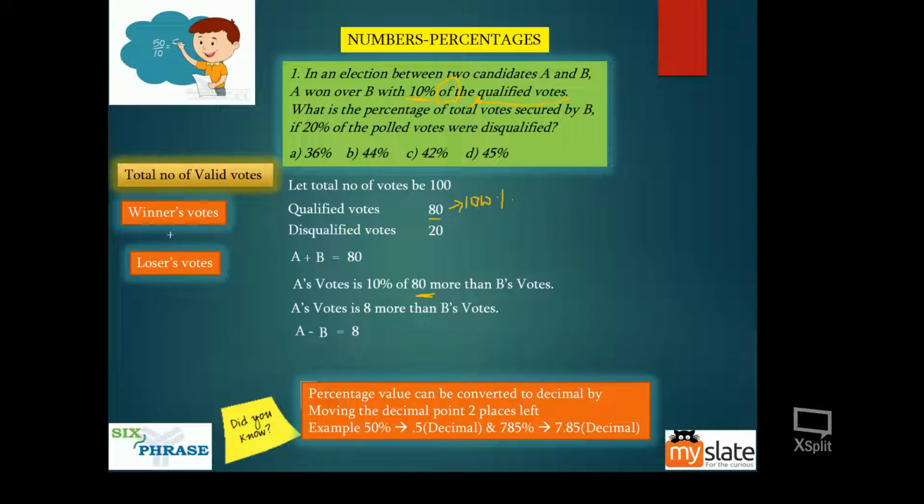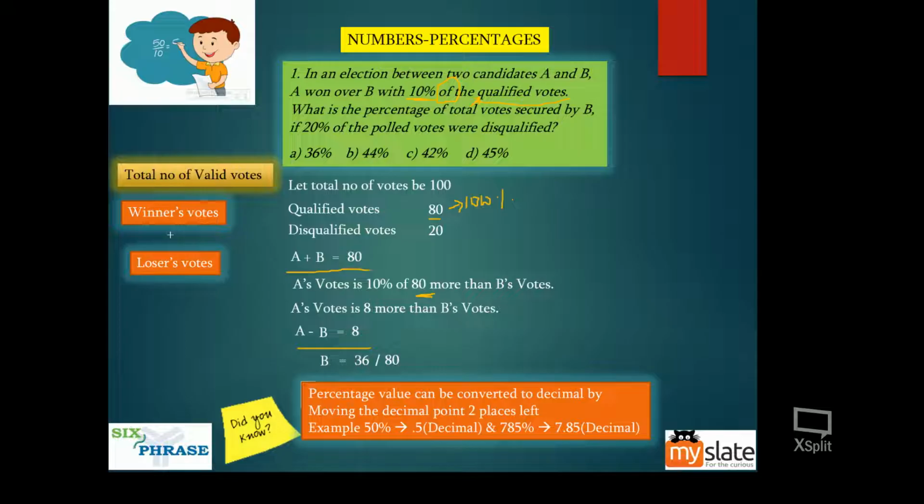Guys, we have two equations. And is it difficult to find B? Not at all, I would say. So B is equal to 36. Now you get the value of 36 here, guys.